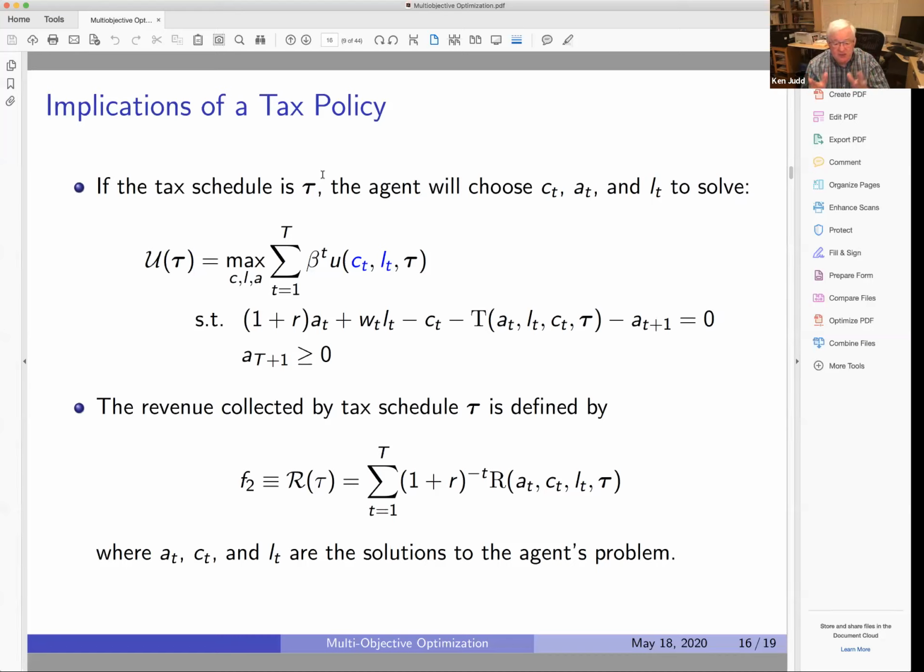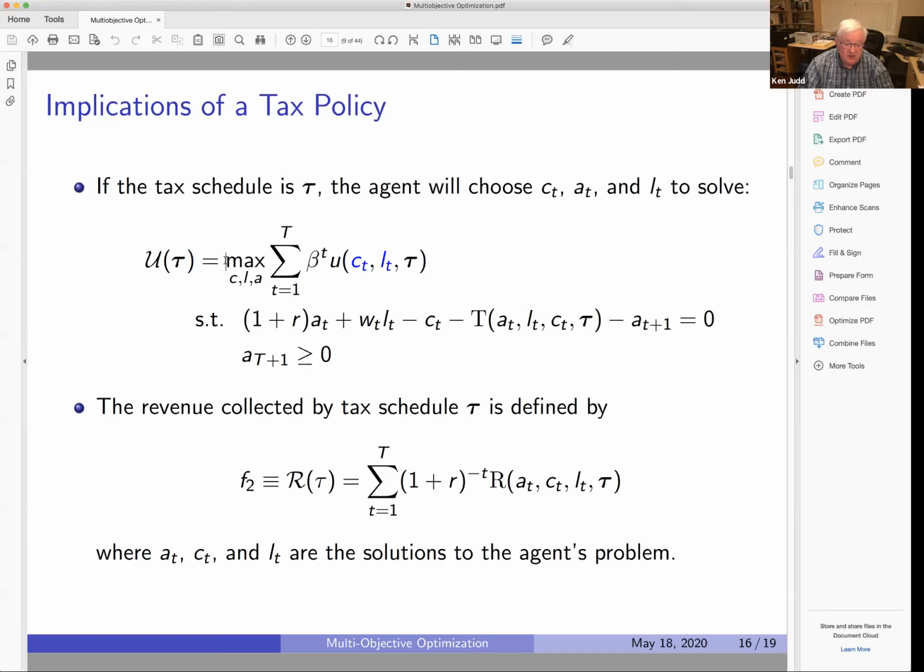There's going to be a variety of choices here: consumption taxes, labor taxes, interest taxes, etc. So there's a vector of these things. Now, if the consumer faces a tax schedule tau, you can think of this like a game where the government declares tau and then the consumers make their choices.